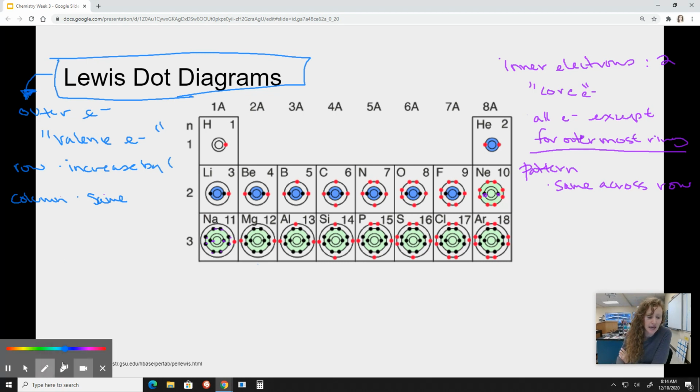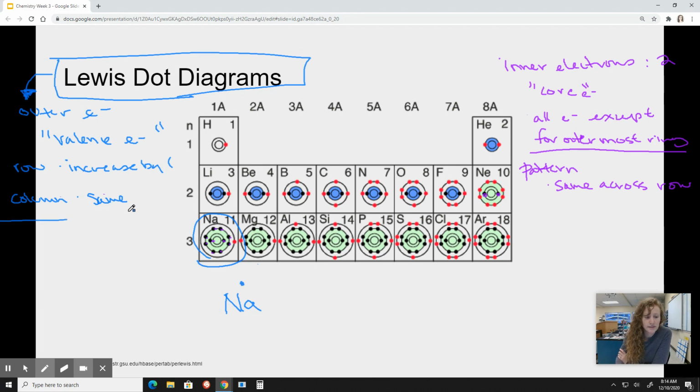If we're looking at the Bohr model for sodium, for example, a Lewis dot diagram is going to consist of the symbol of that atom and only the valence electron. So notice that sodium has 1 valence electron. I am going to put 1 dot around it.